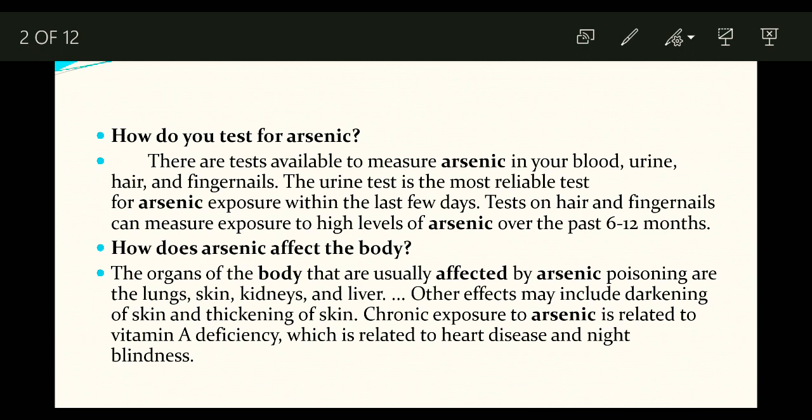Second question, how does arsenic affect the human body? The organs of the body that are usually affected by arsenic poisoning are the lungs, kidneys, skin and liver. Other effects may include darkening of skin and thickening of skin layer. Chronic exposure to arsenic is related to vitamin A deficiency, which is related to heart diseases and night blindness. How fast can arsenic kill you?